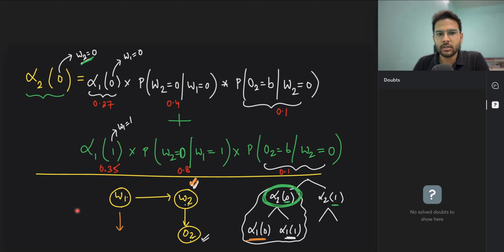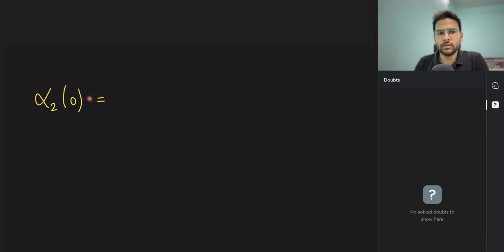Plus it is 0.35 multiplied by 0.8 multiplied by 0.1. So it is 0.0108 plus 0.028, and that is equal to 0.0388.